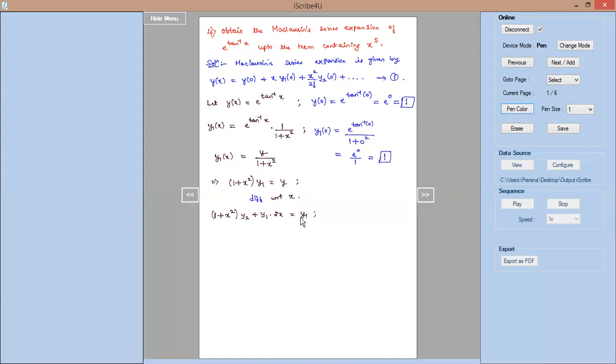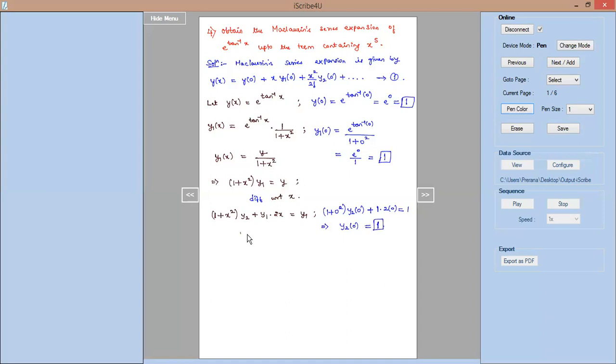Substituting that, we can rewrite this as 1 plus 0 square into y2 of 0 plus y1 of 0, which is 1, into 2 into 0 because x is 0, is equal to y1, which is again 1. So I am getting y2 of 0 is equal to 1, because on the left hand side the second term is 2 into 0, which is 0. So are we getting y2 of 0 is equal to 1? Yes, we are getting y2 of 0 is equal to 1.